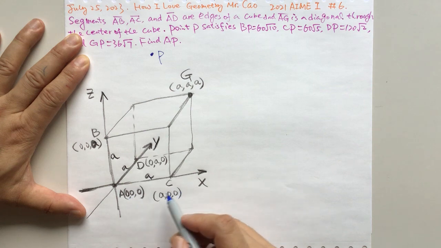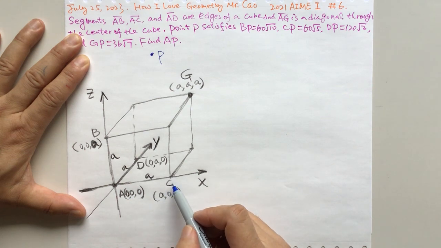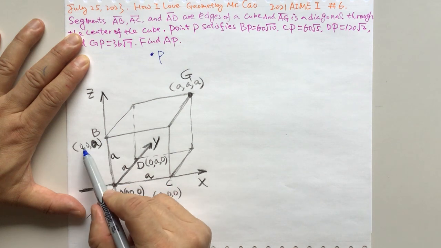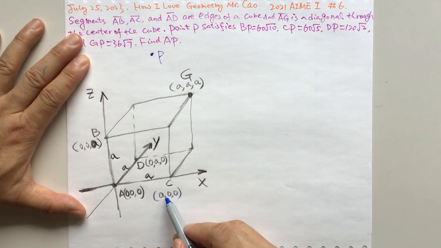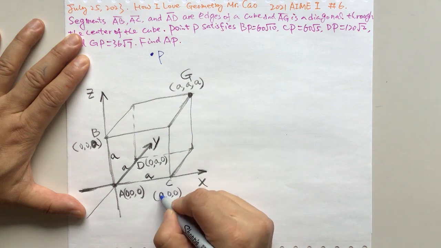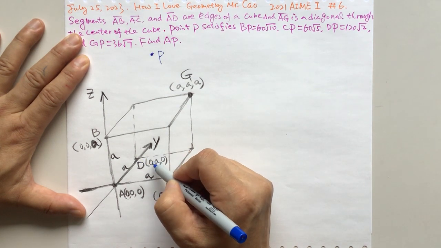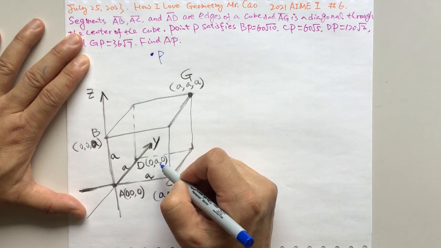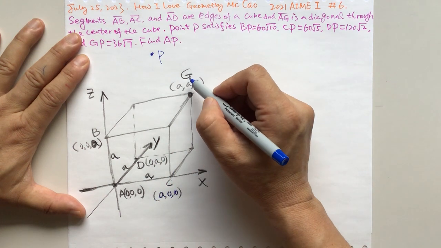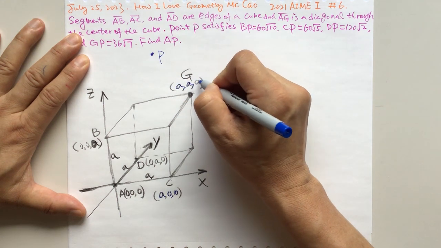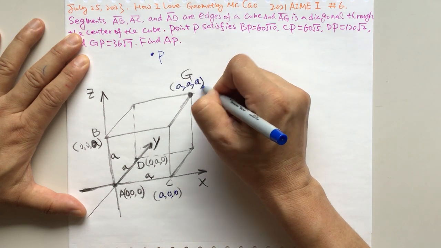So the coordinate of B is (0, 0, a), C is (a, 0, 0), D is (0, a, 0), and the coordinate of G is (a, a, a), right?